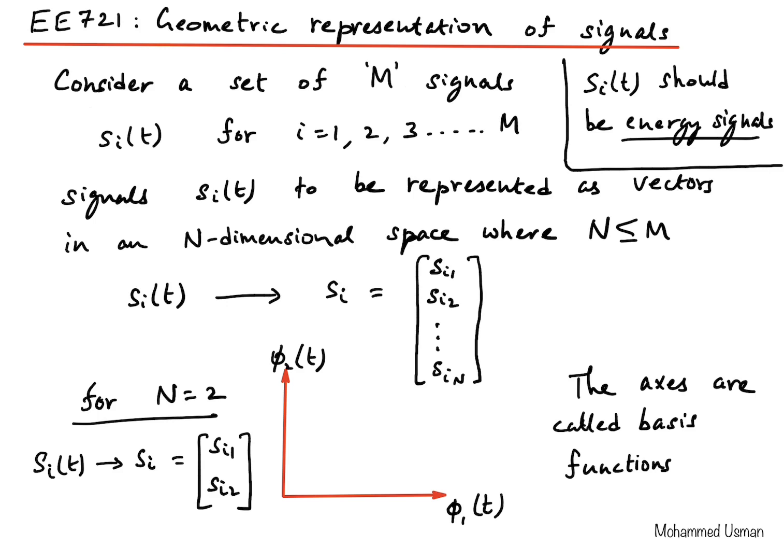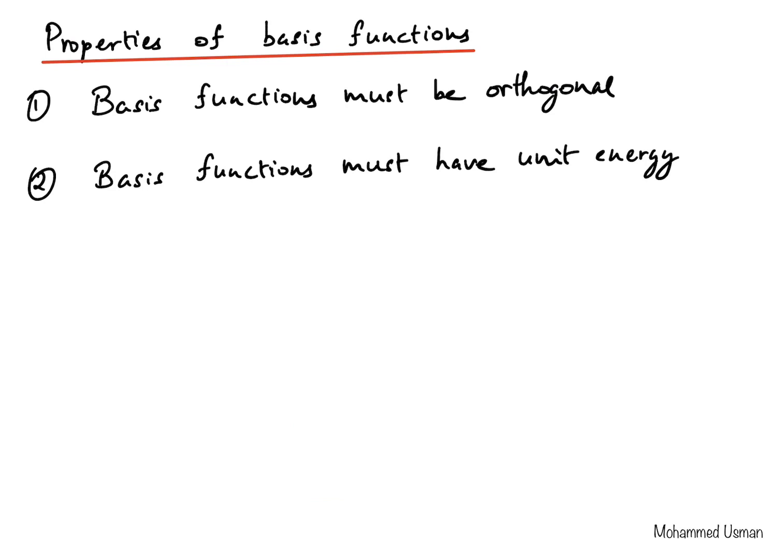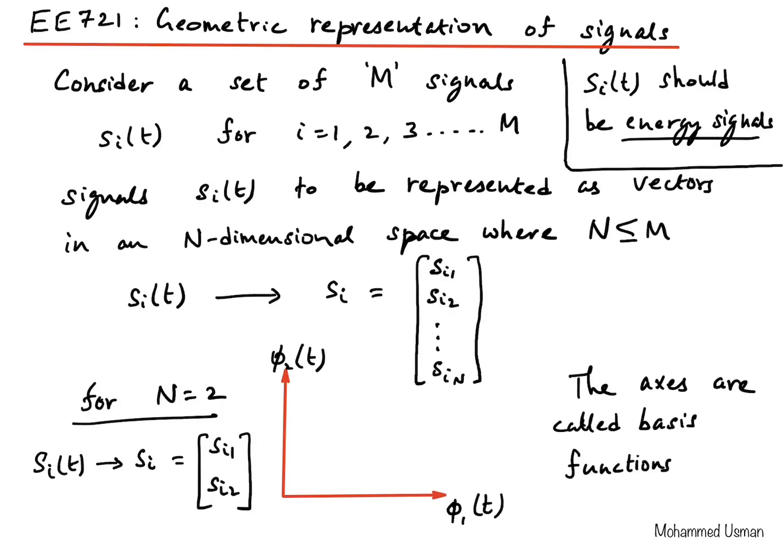Now, what are the conditions or properties that the basis functions must satisfy in order to be able to do this process? So the properties that the basis functions must have are, the first property is that the basis functions should be orthogonal to each other. By orthogonal, we mean that the basis functions should be perpendicular to each other, as we have seen here.